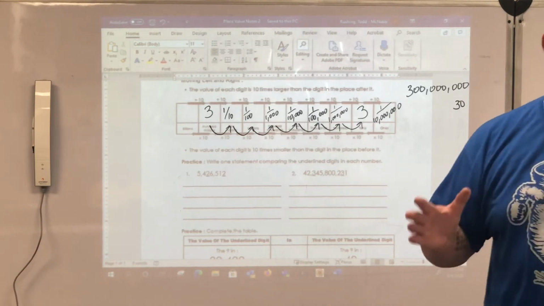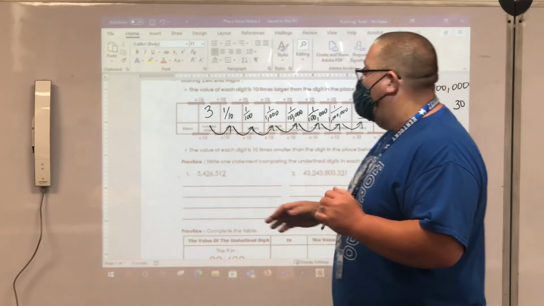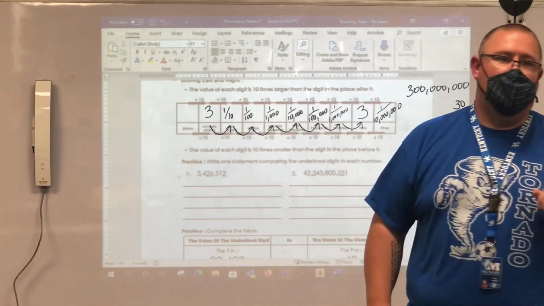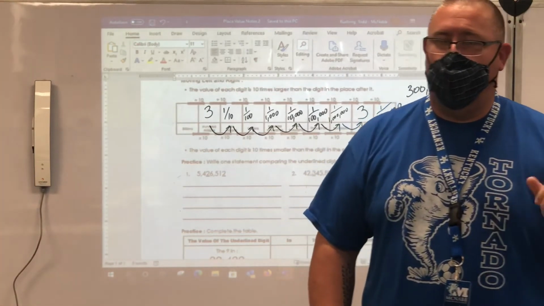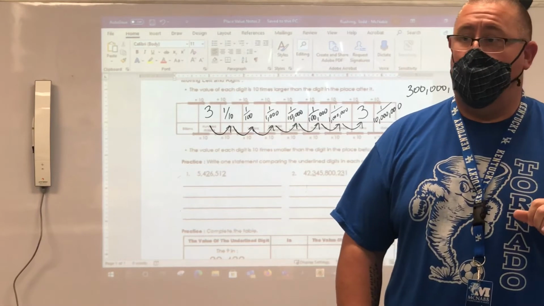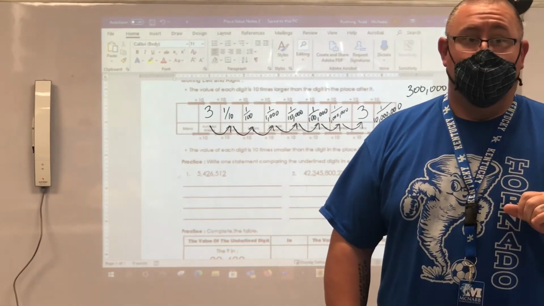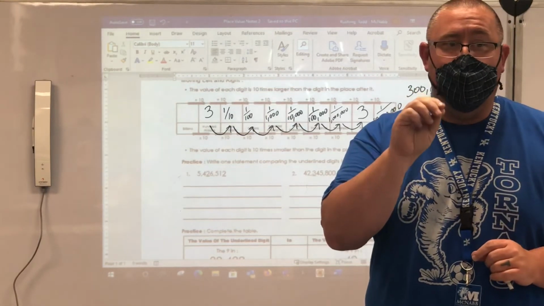So let's put this in perspective for a minute. If you could cut a piece of paper into 300 million individual pieces, would they be very small? Yes. Imagine cutting a single piece of paper into 300 million little bitty pieces.